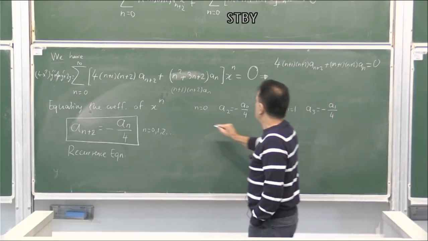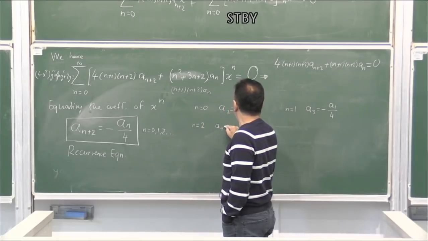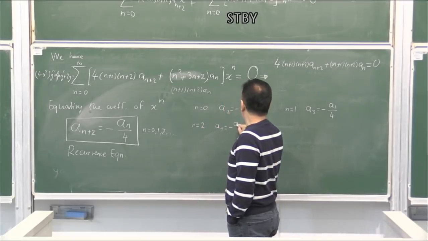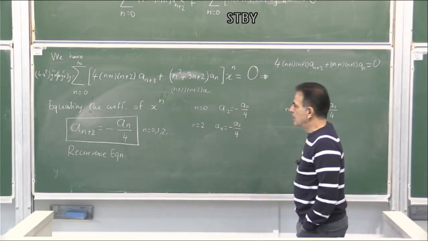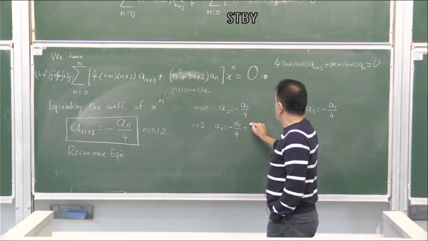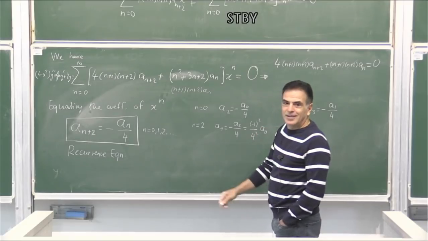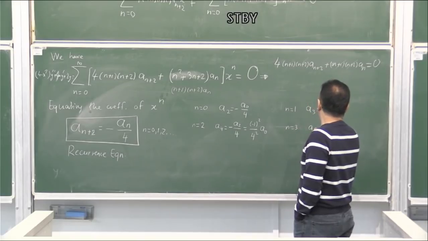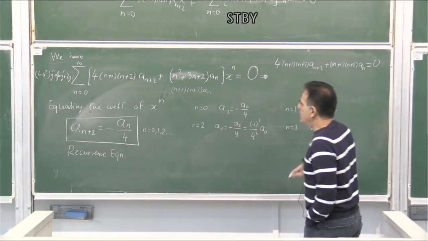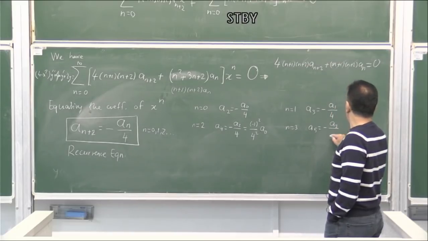Good. For n equal to 2, we have a4 is minus a2 over 4, so minus 1 squared over 4 squared, a0. Very nice. For n equal to 3, a5 is minus a3 over 4.